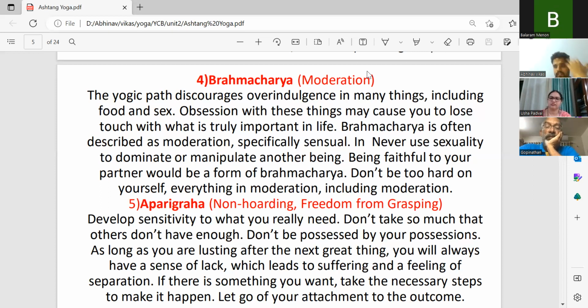Generally, our mindset is that we need it. What I am saying is, develop a sensitivity to what you need. Don't take too much of what is not required. If you can follow this, you will be free from all this and you will be happy.